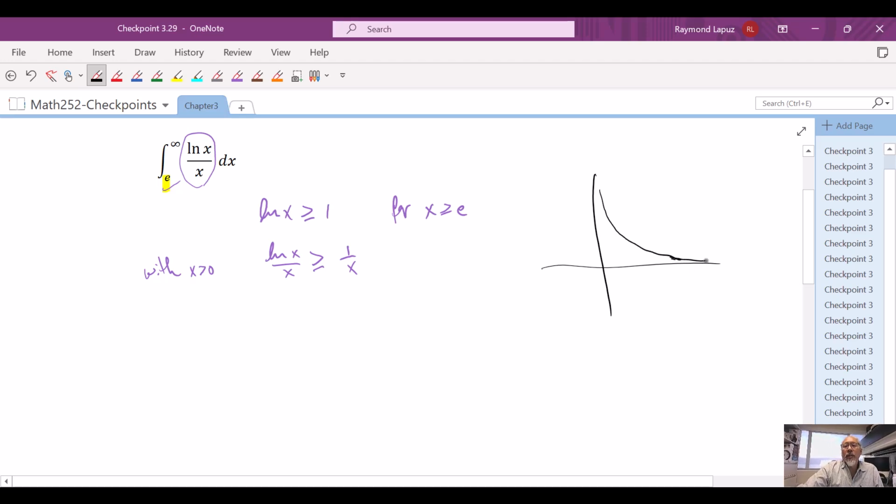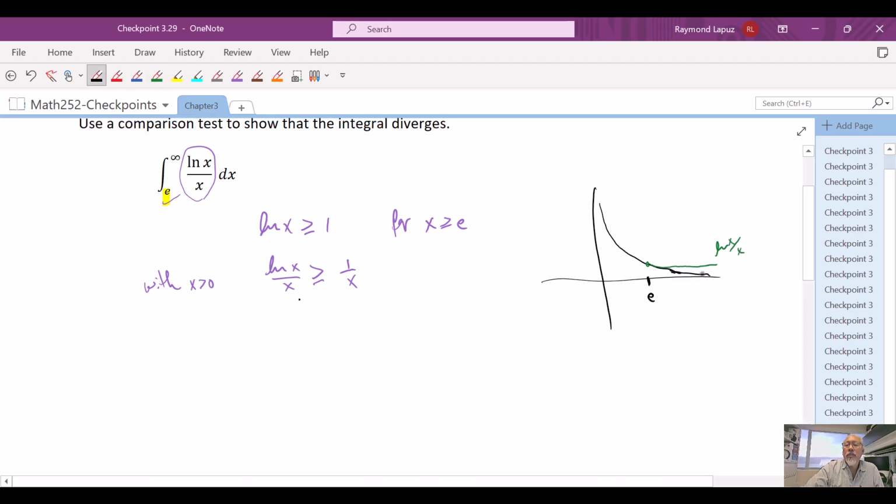So starting from e here, ln x over x will be a function that will be bigger. So ln x over x function is bigger than 1 over x function.